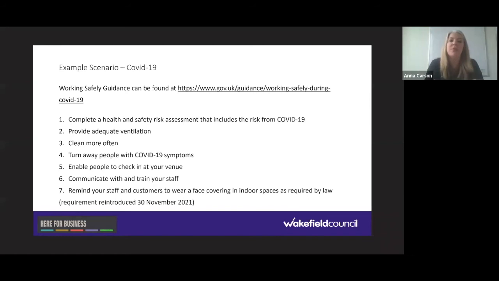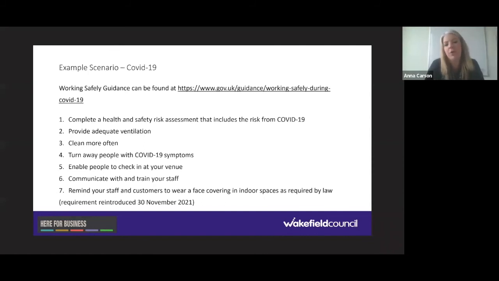If you have adequate ventilation, you're bringing in fresh air to replace the air that potentially has a build-up of COVID-19. People should be cleaning more often, and this is particularly relevant for touch points, so door handles, tap handles, kettle handles, and things like that.